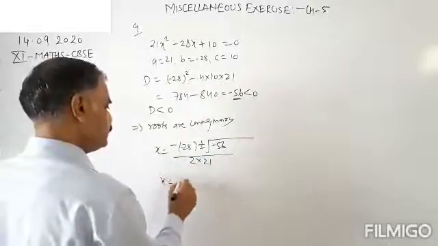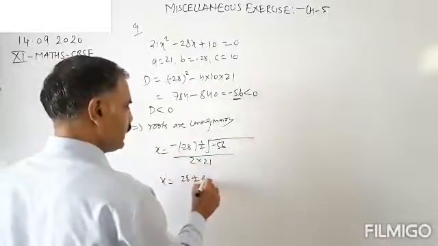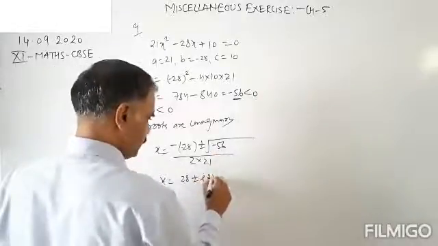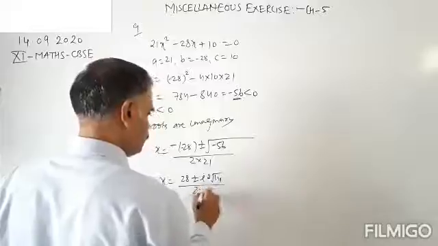So x is equal to 28 plus minus iota times 2 under root 14 upon 2 into 21.